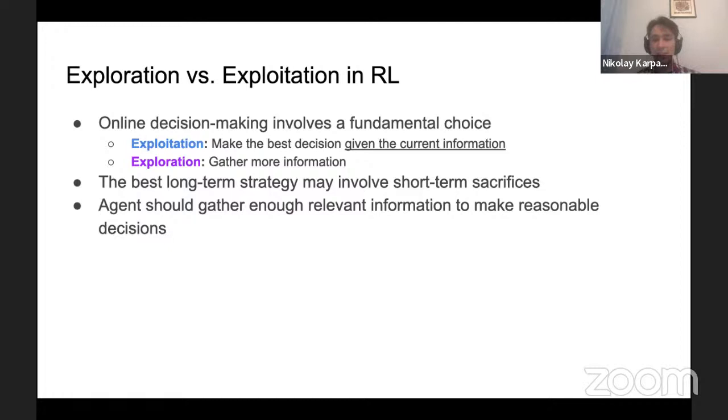And secondly, in some applications, we need to have good enough quality during training. For example, when you are training self-driving vehicles or something else where errors can be critical. So the agent should gather enough information to make reasonable decisions. And there is a saying: the best long-term strategy may involve short-term sacrifices.